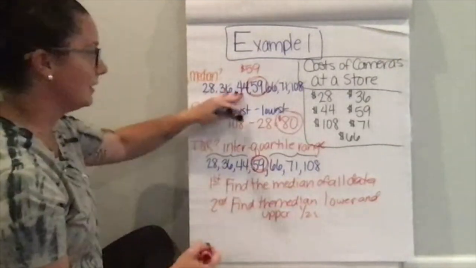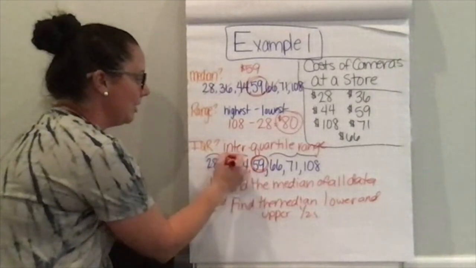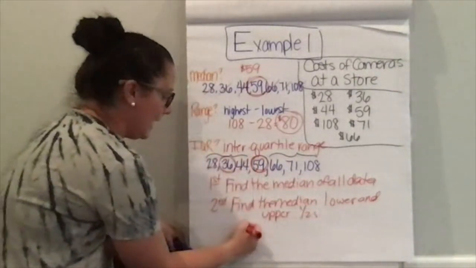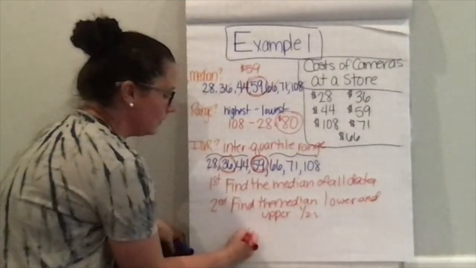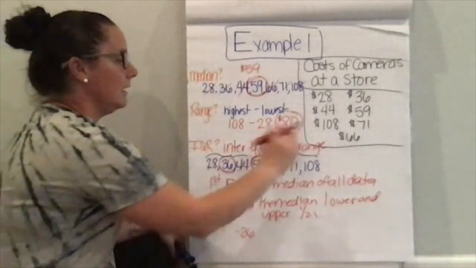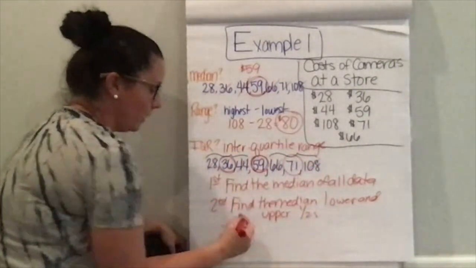Just like I did here, I'm going to cross off the lowest and the highest, and keep going until I get the median. So the lower half has a median of 36. My upper half has a median of 71.